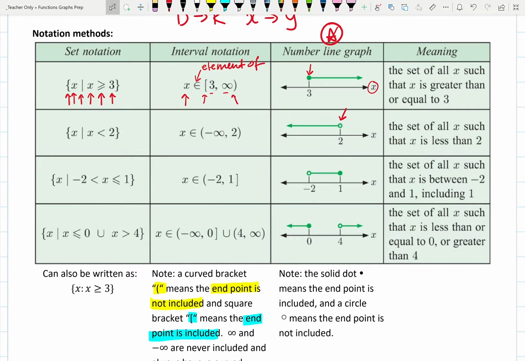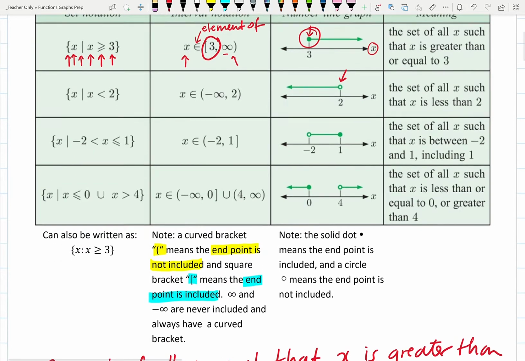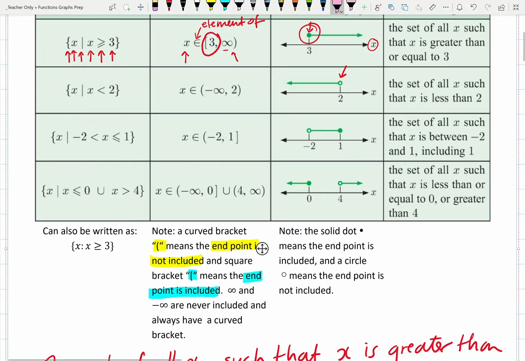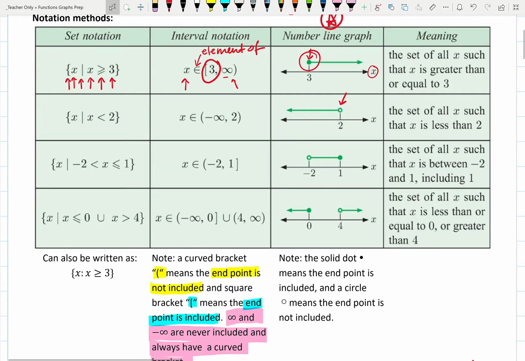So that tells us that in this little notation here, the 3 is included because it's got the square bracket, and that's confirmed by the presence of the solid dot. And the infinity is not included, which is why it's got the curved bracket. Another point to note is that positive and negative infinity are never included and always have a curved bracket. So you're welcome to use whichever notation you like.